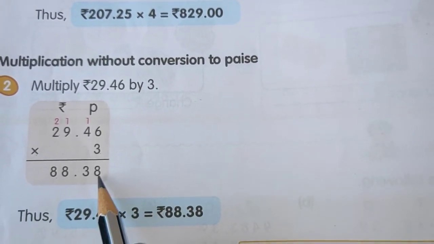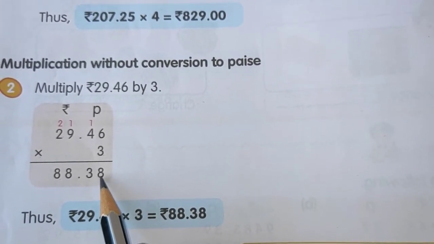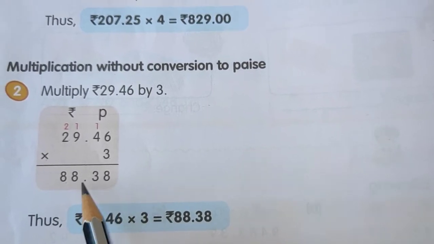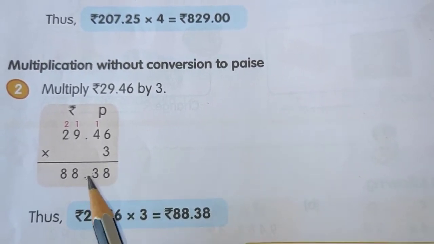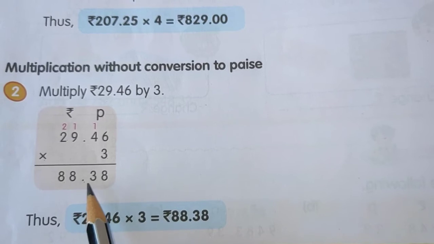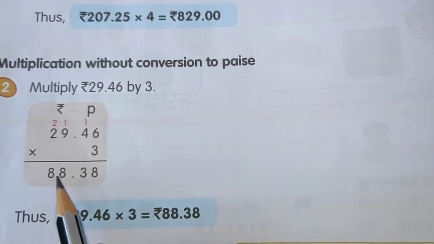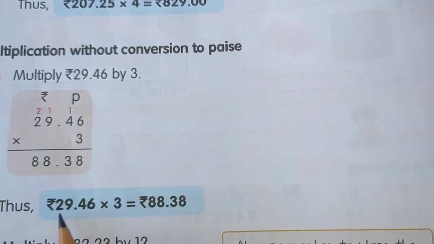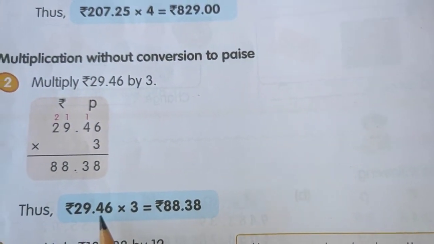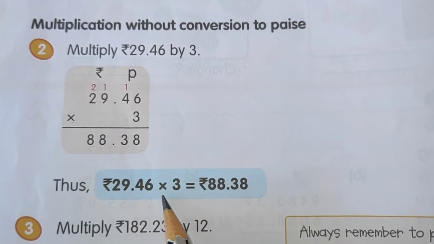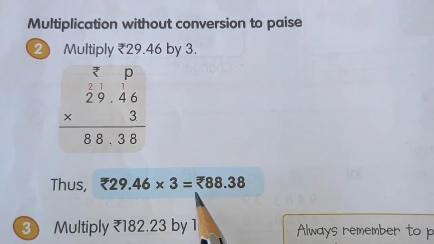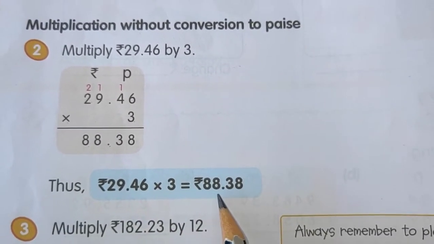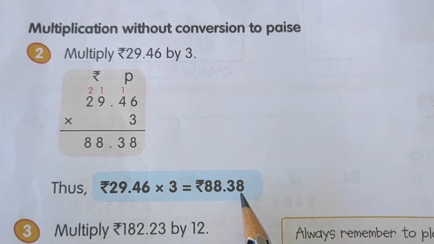I will start from here, count 1, 2, and then put the decimal point here. So the answer is 88.38, and it is in rupees. So again I can write the question: rupee 29.46 multiplied by 3 is equal to rupee 88.38.